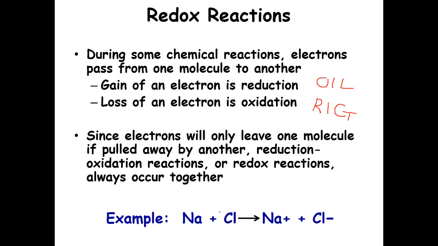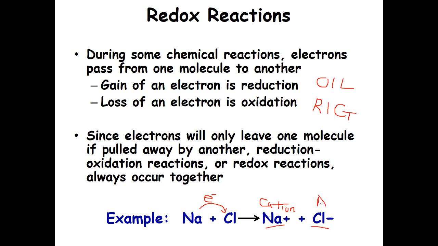Chlorine has such a strong electronegativity compared to sodium that the electron from sodium gets pulled, or stolen, by chlorine. So at the end, you get two ions: a cation, which is positive because sodium lost its electron, and an anion.